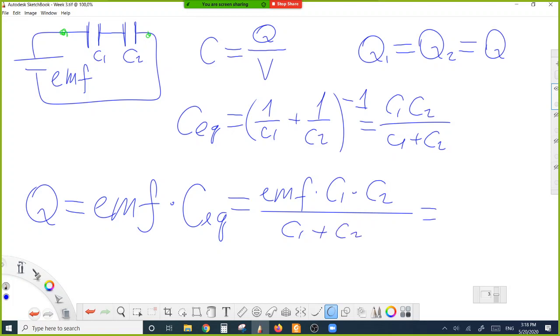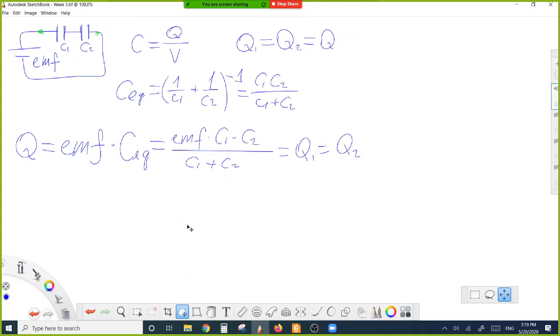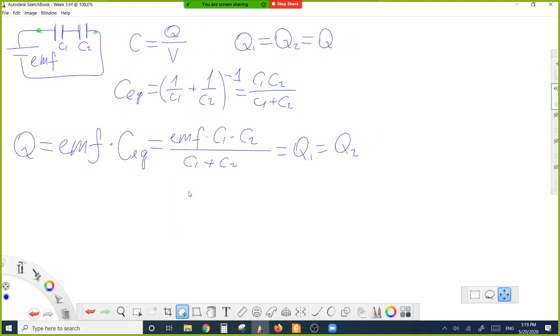We know the charges are equal on the capacitors, Q1 equals Q2. Now we know the values of Q1 and Q2, and we can easily find the voltages across the capacitors V1 and V2.